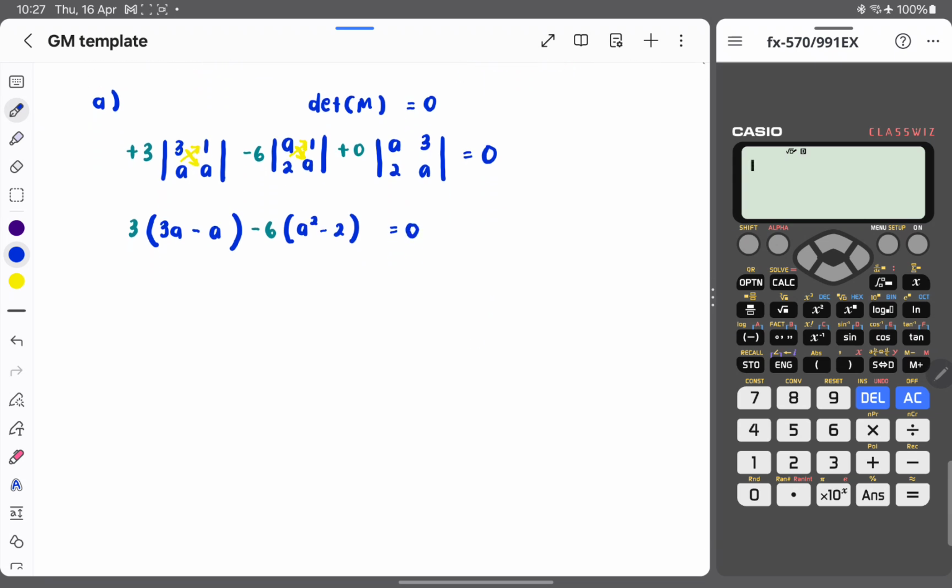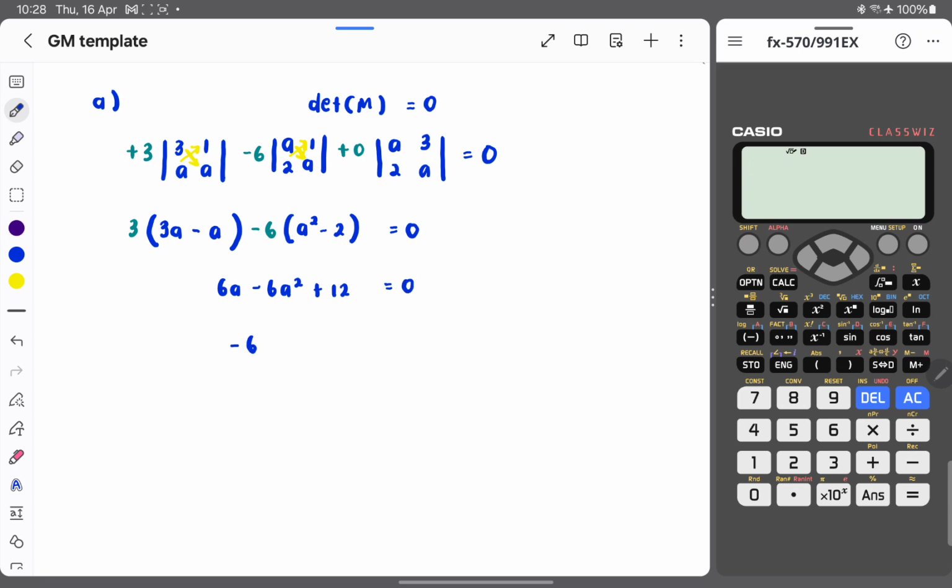Let's expand and simplify our equation. Actually, we can simply compute this. 3A minus A is 2A. So 2A multiplied by 3 is 6A, minus 6A squared plus 12 equals 0. Let's rearrange.